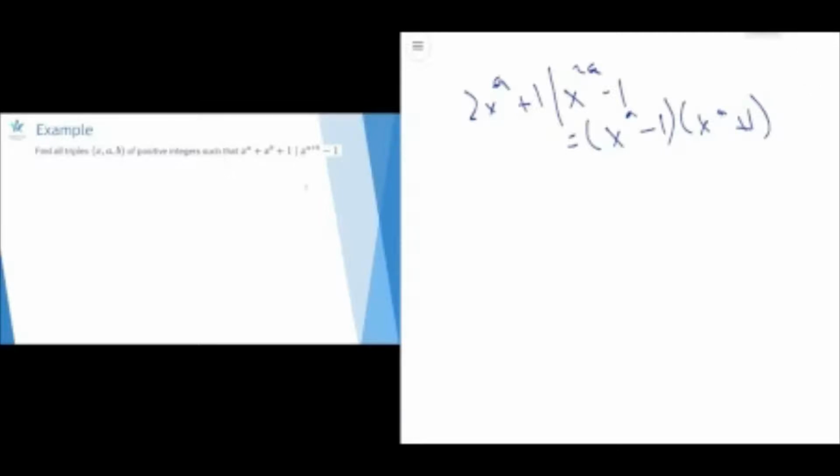So GCD. So if we subtract this twice, sorry, because we want to remove this x to the a term on the left. So let's subtract x to the a plus 1 twice from it. So 2x to the a plus 1 minus 2x to the a plus 2.